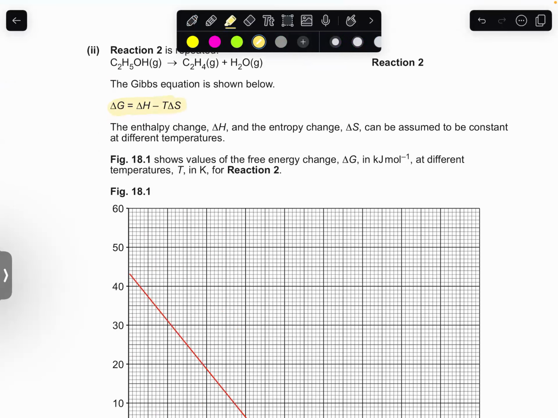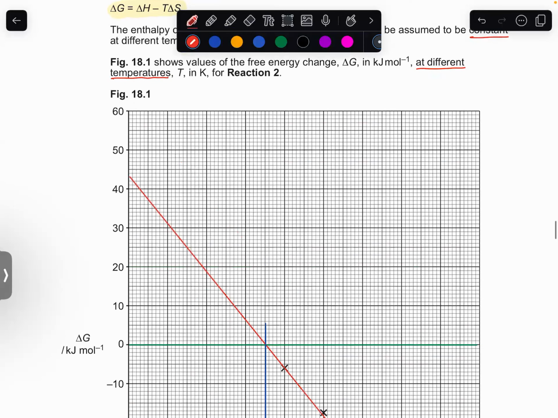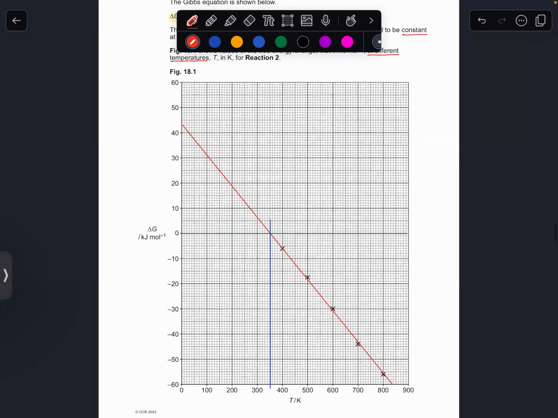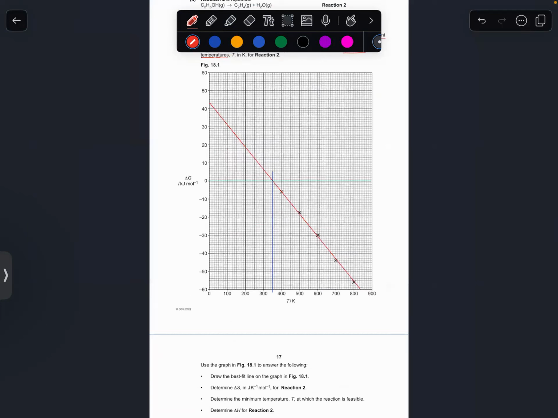The enthalpy change and the entropy change can be assumed to be constant at different temperatures. Figure 18.1 shows values of the free energy at different temperatures. I've already drawn a line of best fit for the points plotted, and we're going to use this to extract some information that we need.